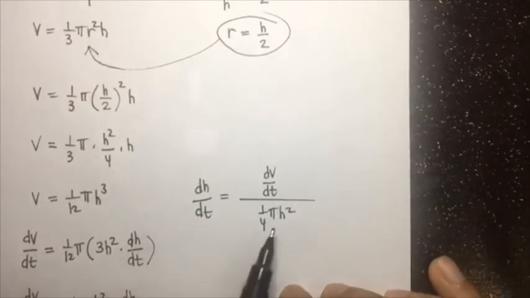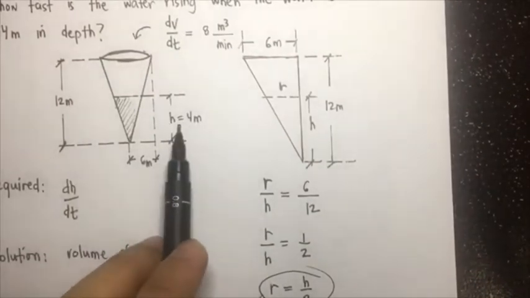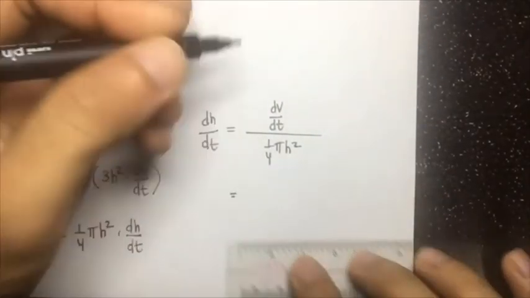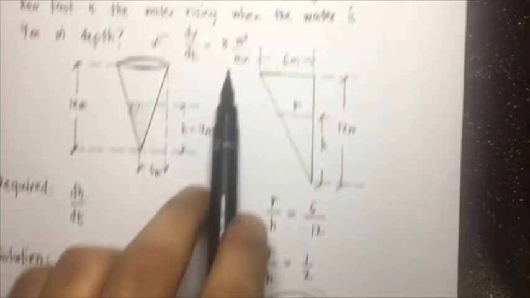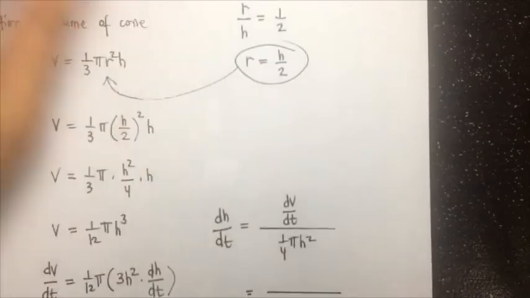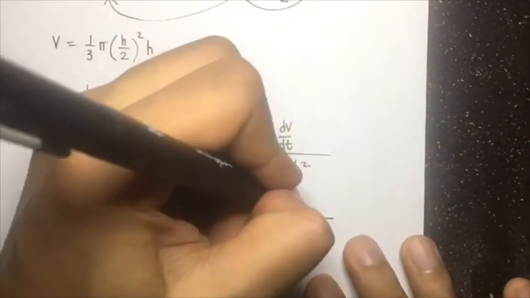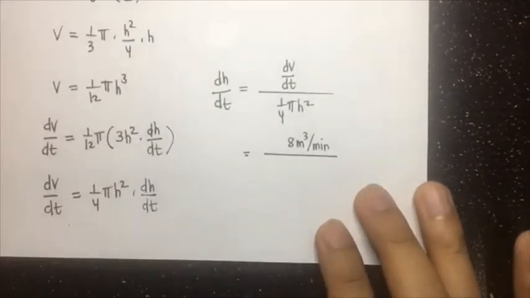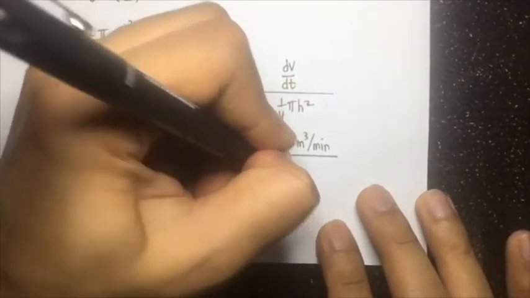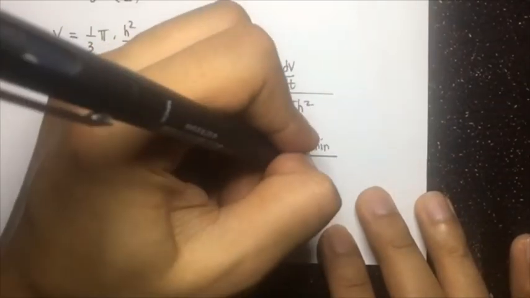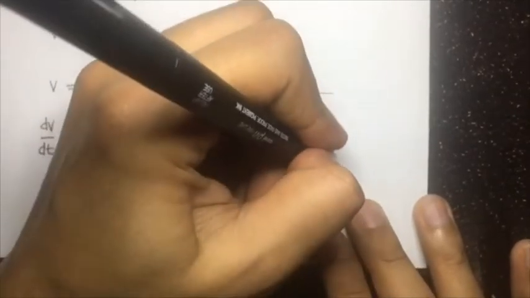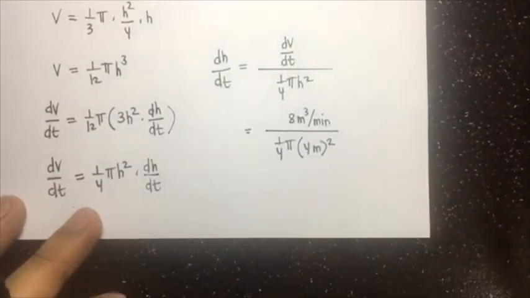Okay, so since we have our h of 4 meters, substituting, dV over dt is 8 cubic meters per minute, over 1/4 pi, and then h is 4 meters squared.